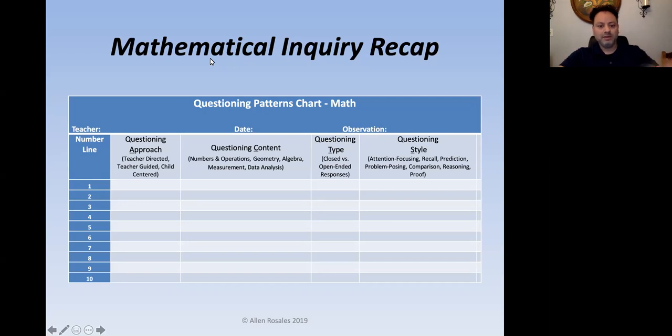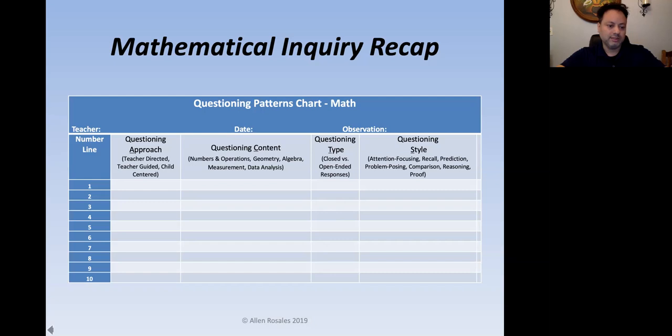Awesome. So if you could take out your questioning patterns chart. We covered this last time, and we're going to review it. This is a fundamental piece that can transform the way teachers engage children in rich inquiry. If you recall, there are 5 columns, but 4 of them matter most.